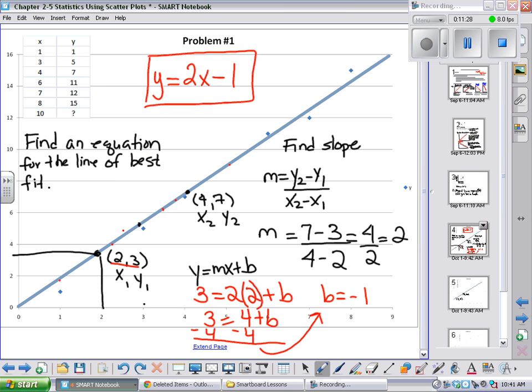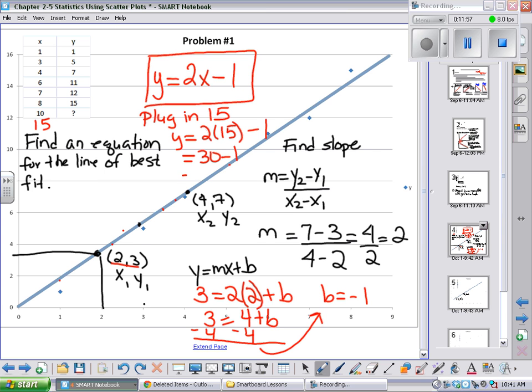So if I want to find out what happens to y when x is, say, 15, then I just plug in 15 into the equation, and I get y equals 2 times 15 minus 1. 2 times 15 is 30.